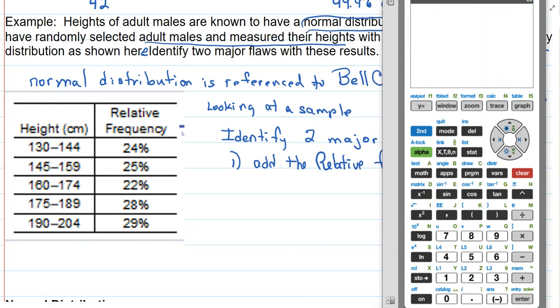I'm going to clear everything and I'm going to enter the percents. 24 plus 25 plus 22 plus 28 plus 29. 24, 25, 22, 28, 29. Okay. I end up with 128%.